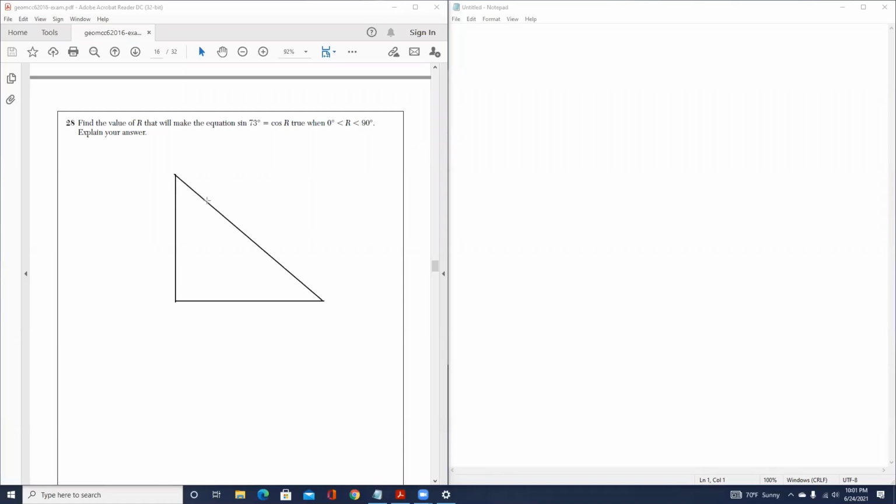This isn't to scale, this is just to make drawing easier, but let's call this angle 73 degrees. This is our 90-degree right angle, and this is our other angle r.